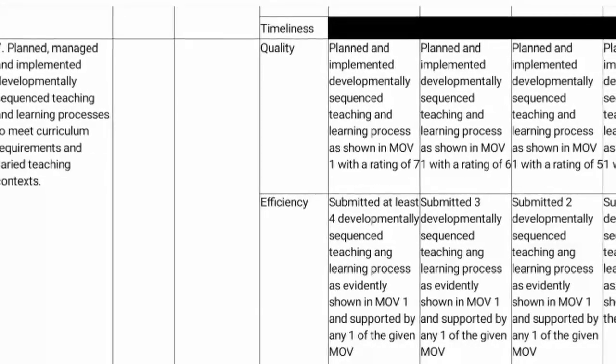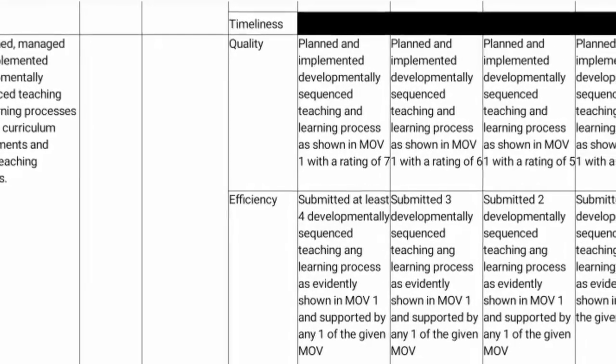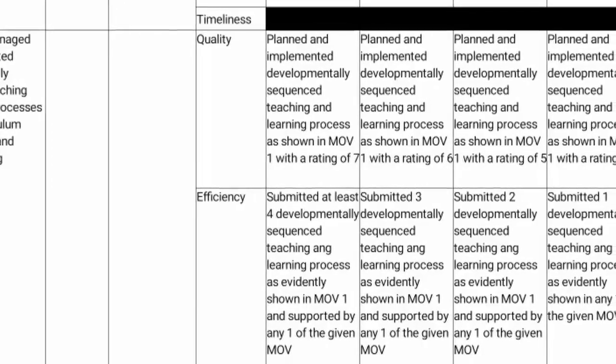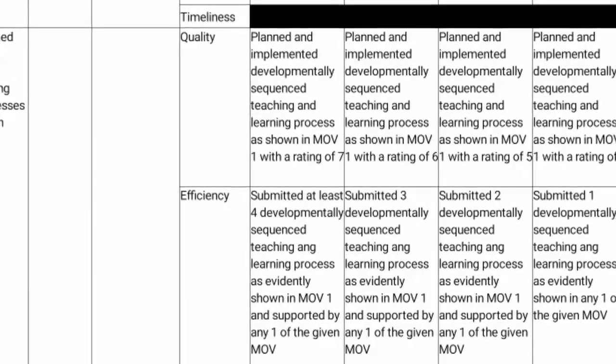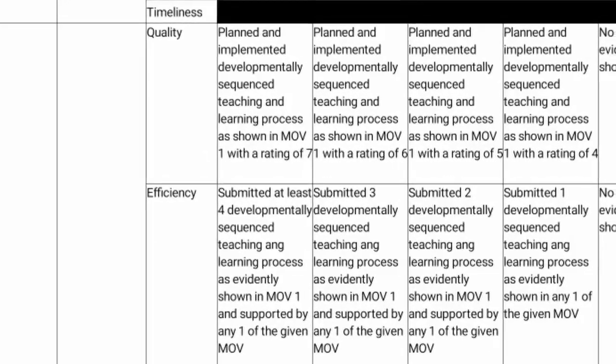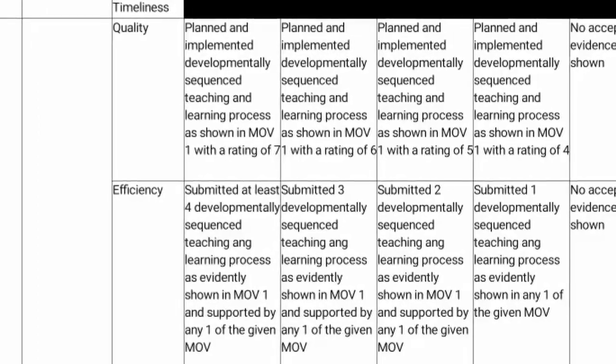Objective number 7, so sa quality ay similar sa mga naunang objectives. Pagdating sa efficiency, kailangan nating ipakita yung at least 4 developmentally sequenced teaching and learning processes as evidently shown in MOB1 and supported by any one of the given MOB.